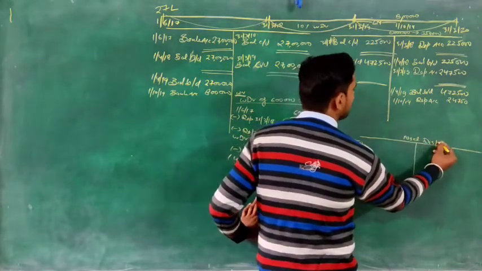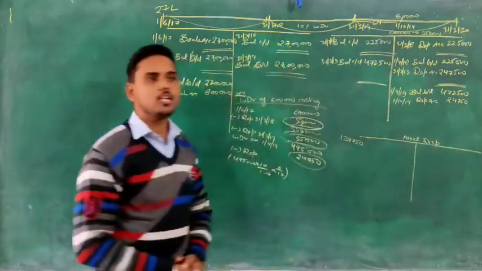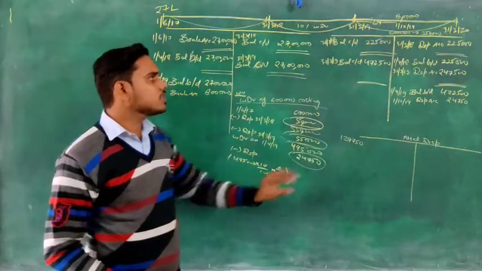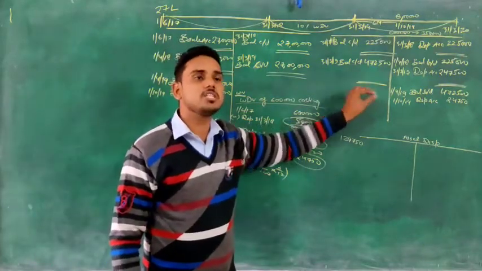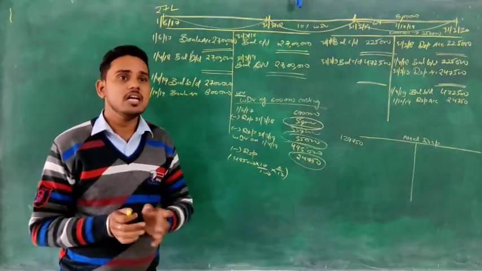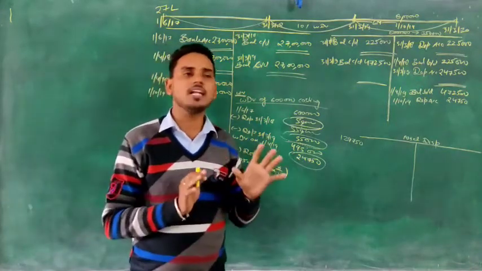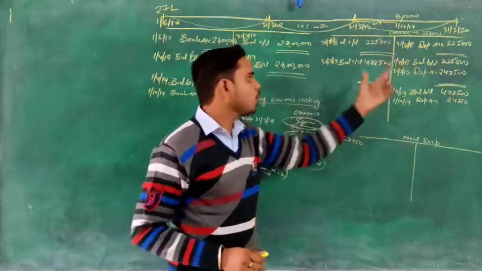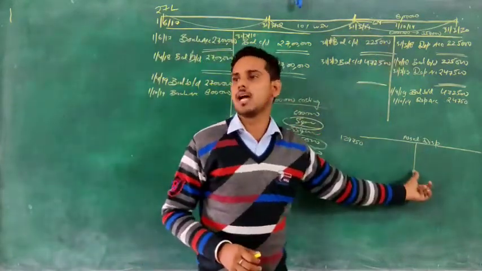Okay. And now what you will do, as you need to sell the asset, right? Firstly you will transfer the total depreciation of the asset, or part of the asset which you are selling, the total depreciation from the date of purchase till the date of sale, from this account to this account.